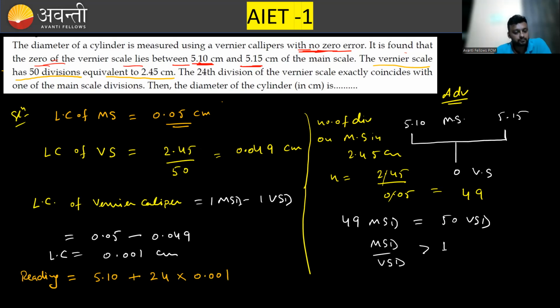Clear? So that is 5.10 plus 0.024, that is 5.124. What is the answer? 5.124. This is the diameter of the cylindrical body in centimeter. 5.124 centimeter.